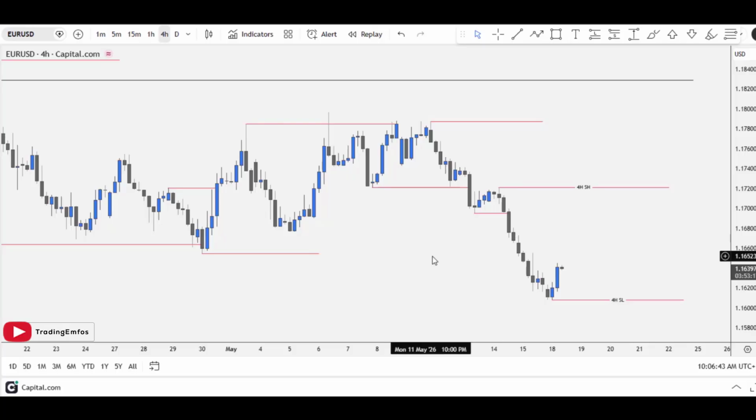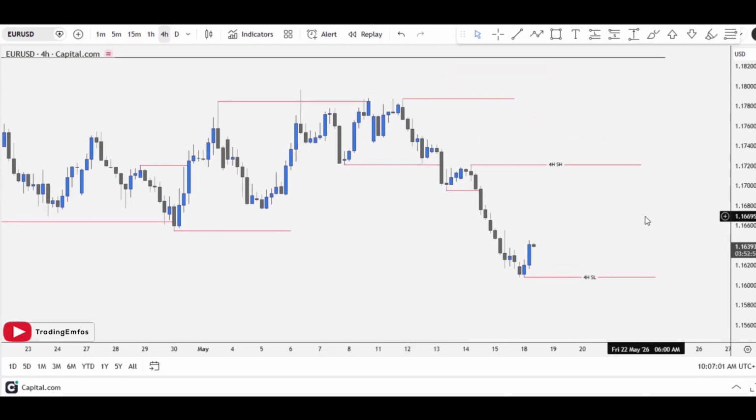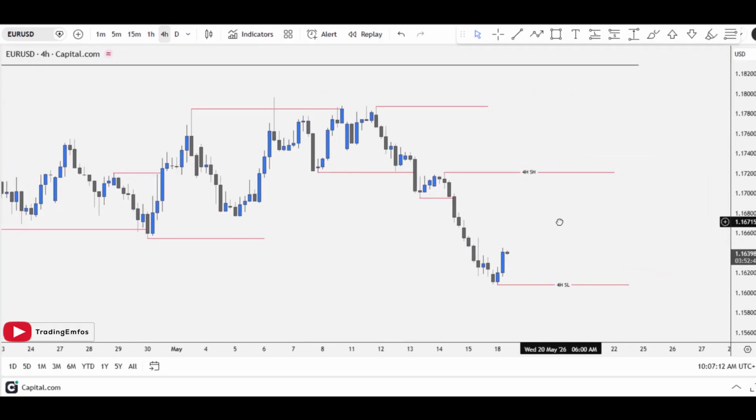So the daily and the 4-hourly time frames are in the same trend. All we are looking for on this time frame is to sell and not to buy, because the daily is in a downtrend and the 4-hourly is also in a downtrend. So all you have to do is sell, sell, sell, and not buy.